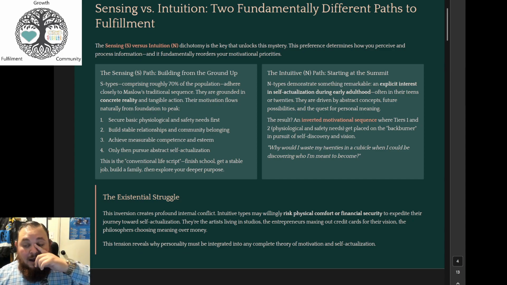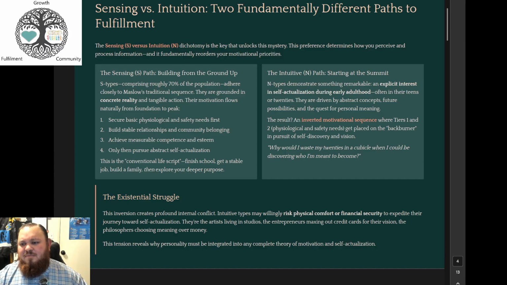On the other side of the thing, and this is where it gets dicey, the intuitive path is the one that throws everything out the window. Not so much everything, but it really takes on a different sense of our personal path. They're looking at explicit interest in self-actualization early in their childhood, often in their teens and 20s.